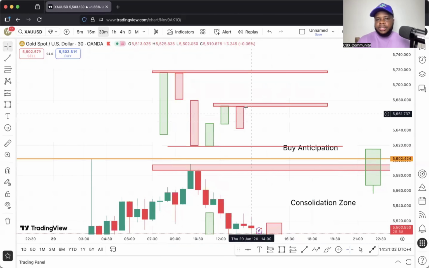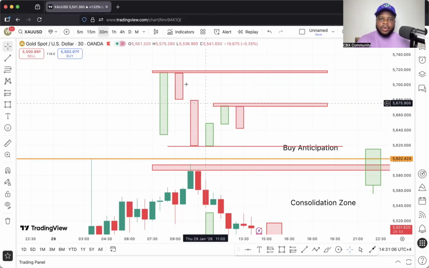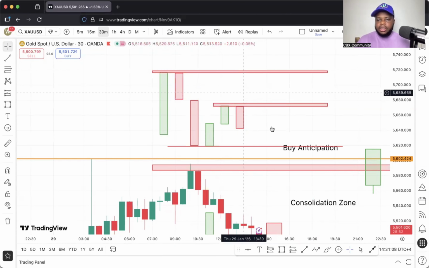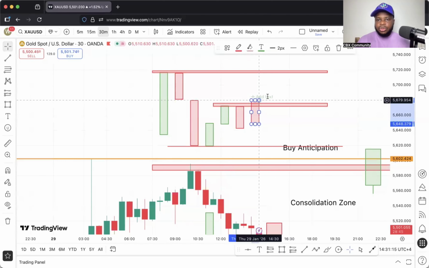Let's say from this resistance zone down to this support zone is a consolidation zone. So according to your question, you are asking if a candle should close above this resistance zone, should you take a position immediately when this candle closes, or do you need to wait?